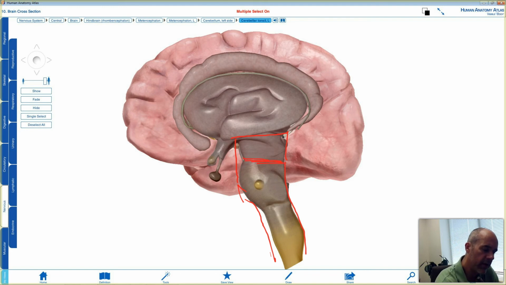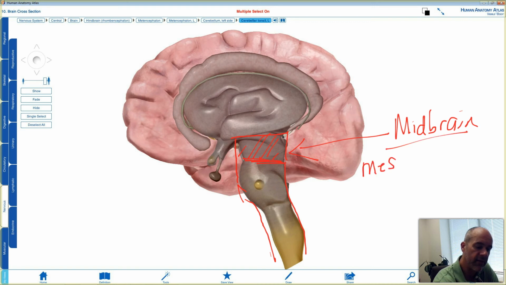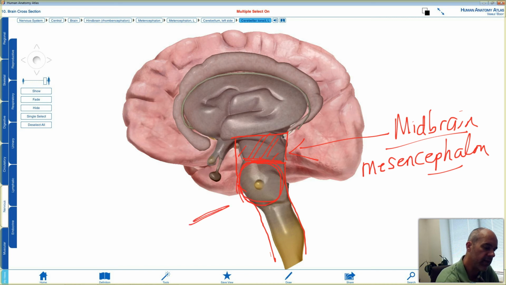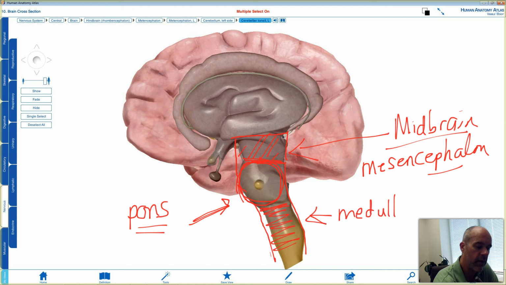This upper portion up in here is called the midbrain, or another name for that is mesencephalon. Just below there, right in here, you have a section of the brainstem called the pons. And when you go below the pons, down in here, this area is called the medulla oblongata.